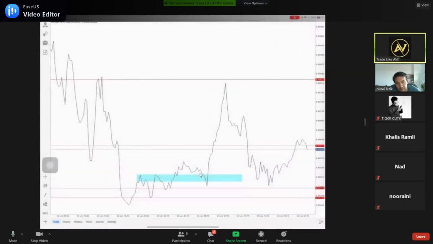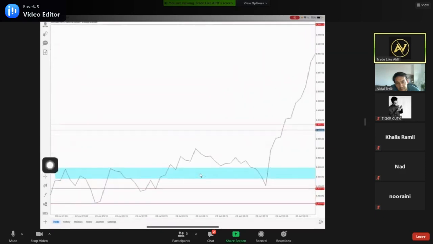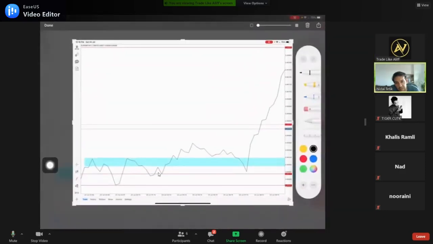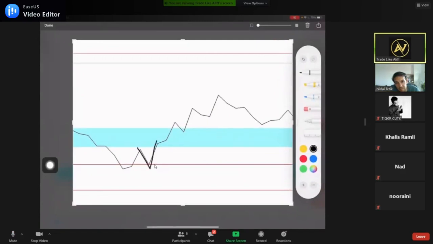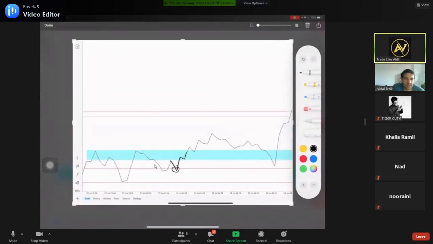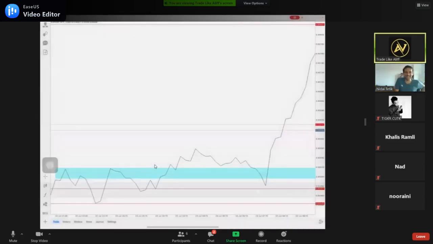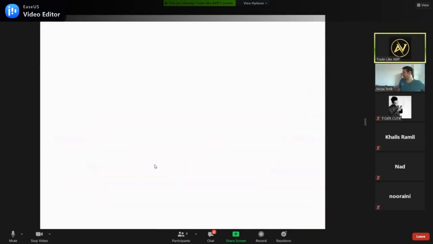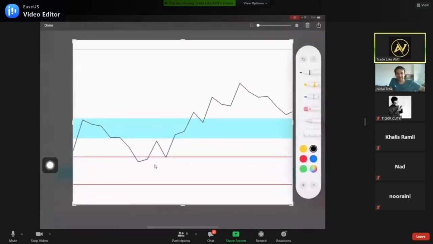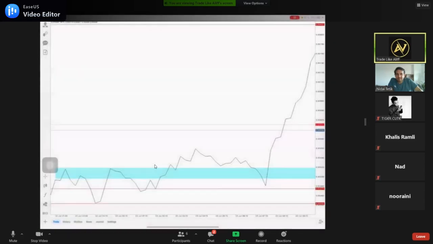Understand? So here, second move, big movement. Okay. So you mark. Why didn't I mark this one? Because this is not a big movement. Here I can see clearly that it's a big movement.